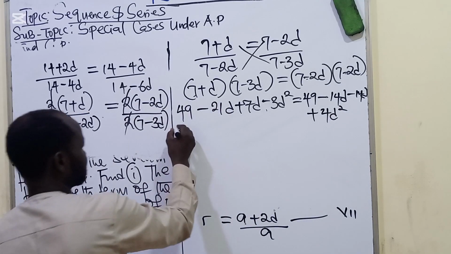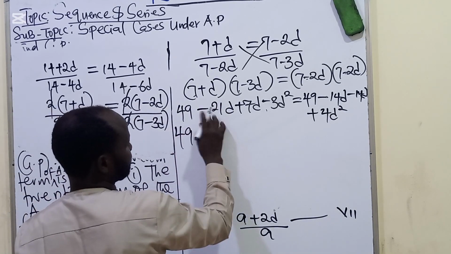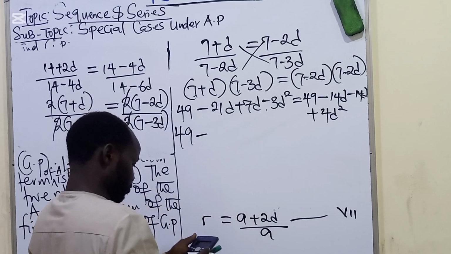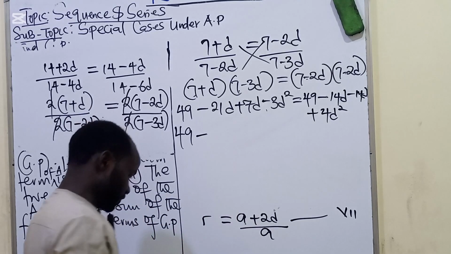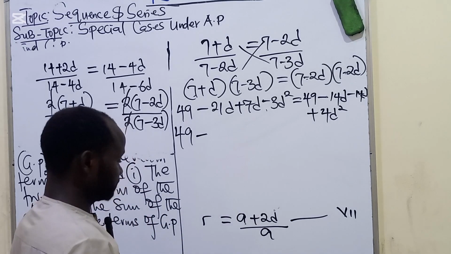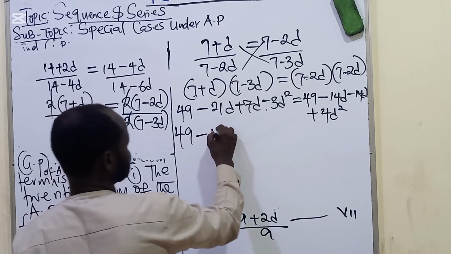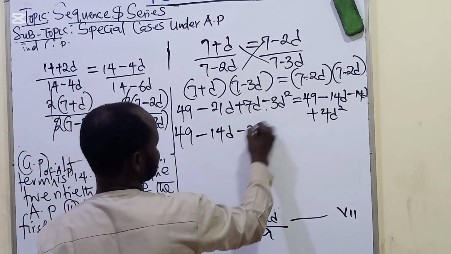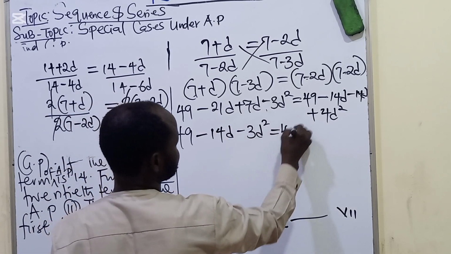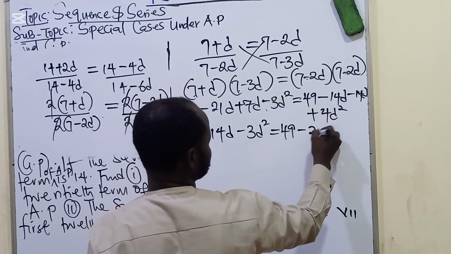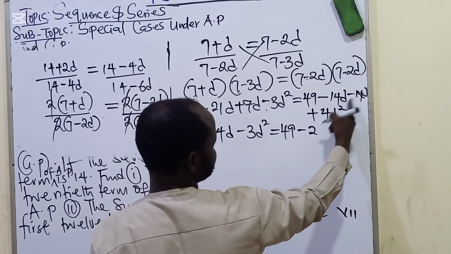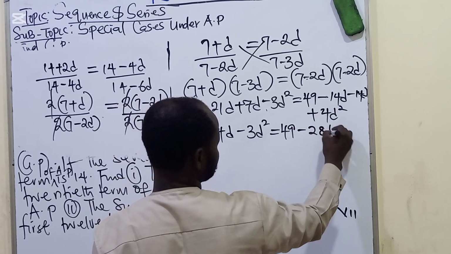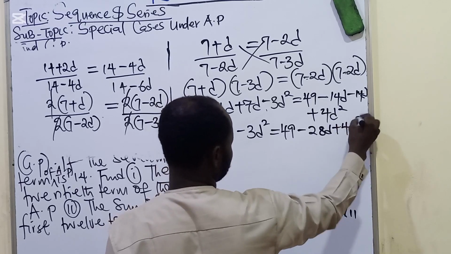Okay, let's work on this. This is 49 minus 21 plus 7, that will be minus 14. That's minus 14d minus 3d squared will be equals to 49 minus 28, because minus 14d minus 14d, that will be minus 28d plus 4d squared.